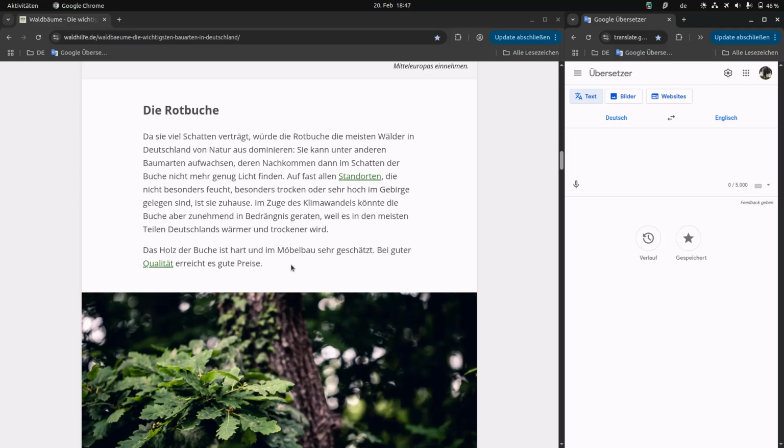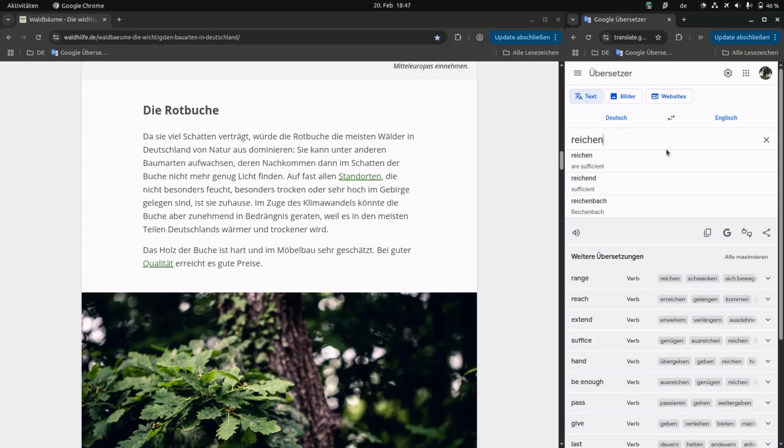Bei guter Qualität erreicht es gute Preise. In this case it means if it has guter, which means good, Qualität, which means quality, erreicht, derived from the word reichen, which means to be sufficient, range, reach.